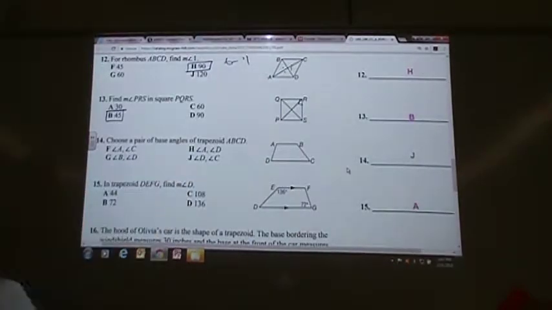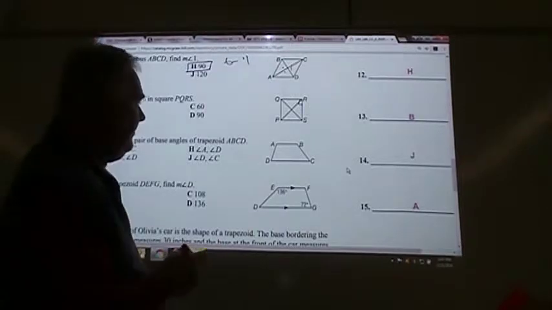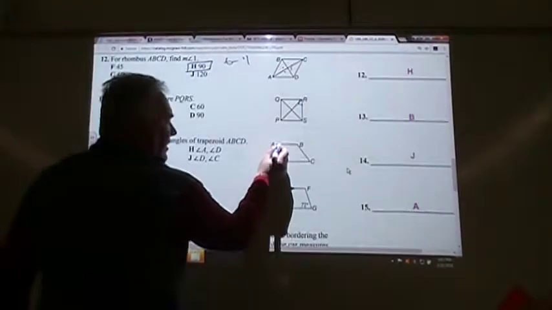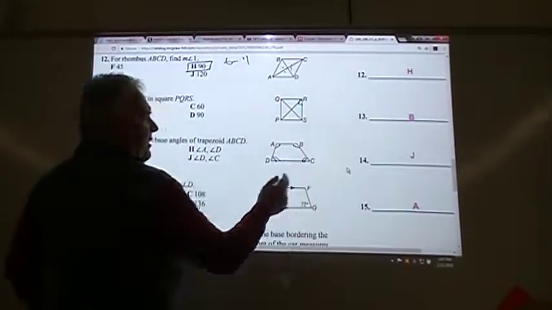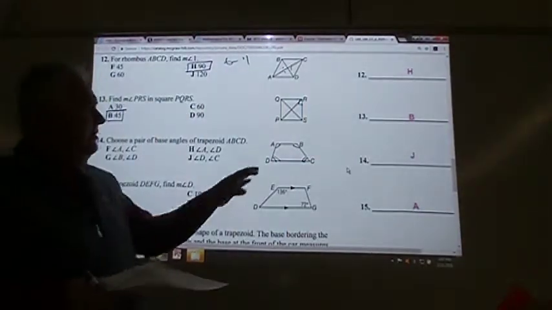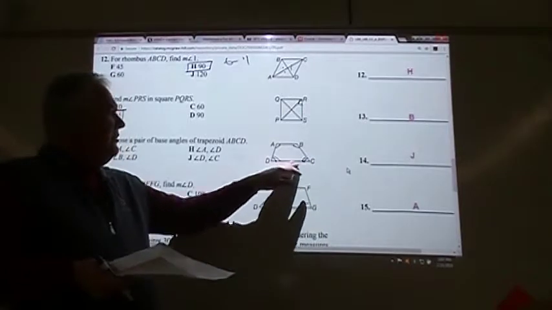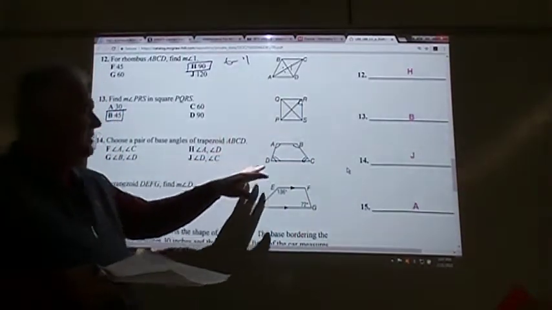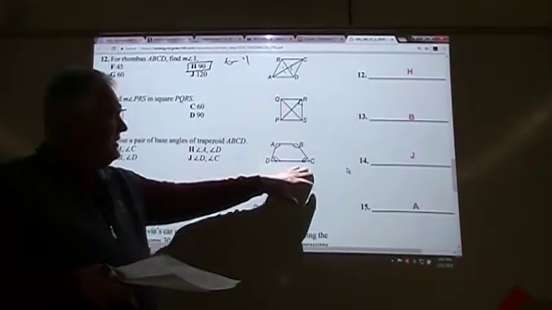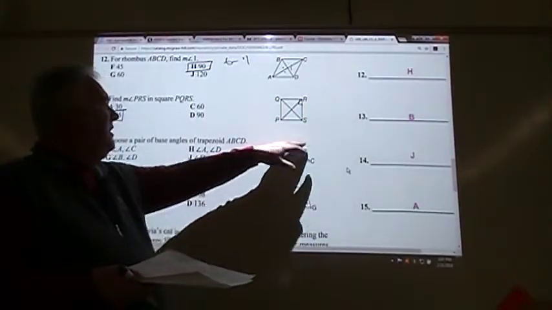Choose a pair of base angles of trapezoid ABCD. Base angles, right there. Remember, they're different with a trapezoid in terms of if it's isosceles. This one's not isosceles. But these are the base angles, these are the pairs.